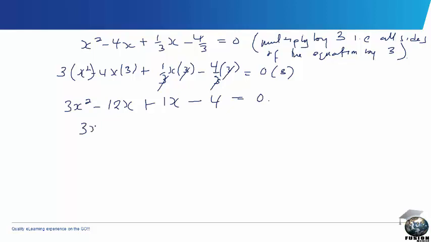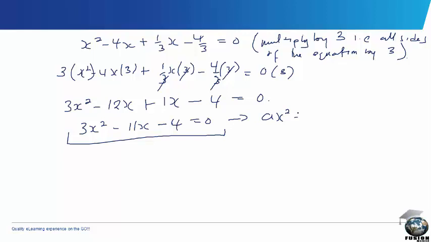So at this point you have 3x squared minus 12x plus 1x gives you minus 11x. You owe 12 naira and you pay 1 naira, you still owe 11 naira. So 3x squared minus 11x minus 4 is equal to 0. At this point you can see we've gone back to the previous equation we had, ax squared plus bx plus c.